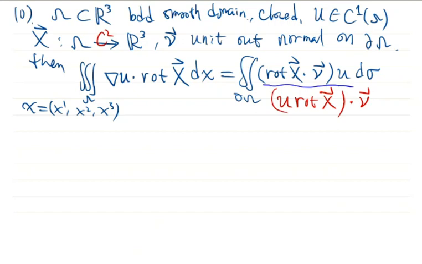The integrand is a vector valued function inner product with the outward normal vector. Therefore, the natural idea is to apply the divergence theorem to this vector field.